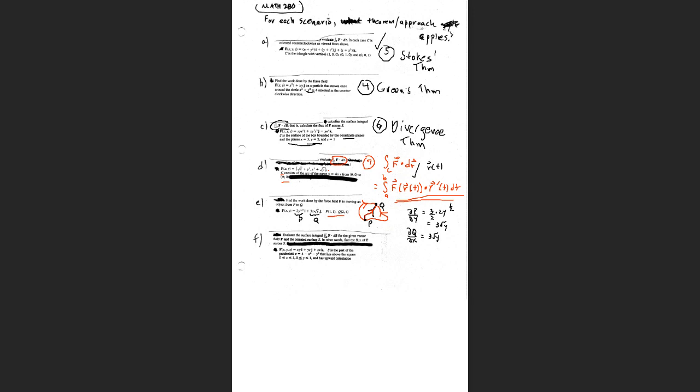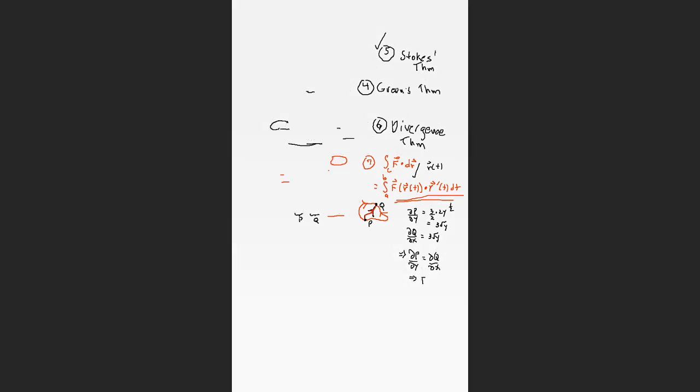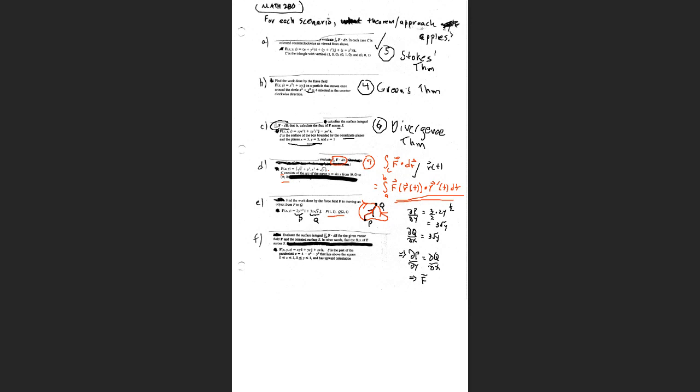Well, this means for part E that the partial derivative of P with respect to y equals the partial derivative of Q with respect to x. So this means that the vector field F for this scenario E is conservative.